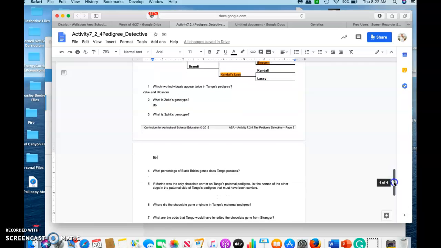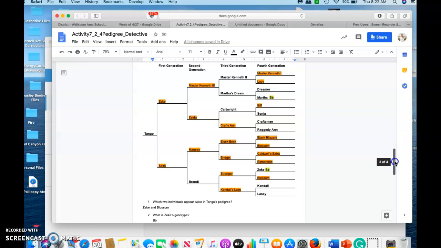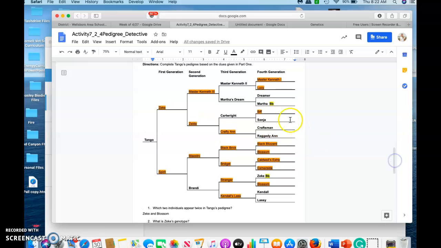So the next question asks, what percentage of Black Brick's genes does Tango possess? So where's Black Brick? There's Black Brick. Black Brick, tongue twister, is parent, grandparent, great-grandparent of Tango. So Tango possesses 50% of Spirit's genes, because half from mother, half from father. Tango possesses 25% Maestro, 25% Brandy.